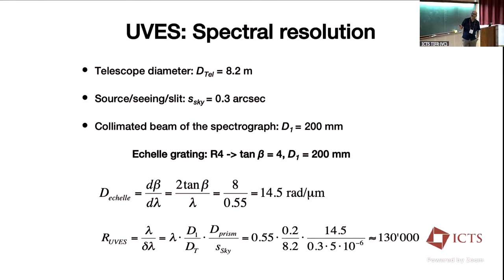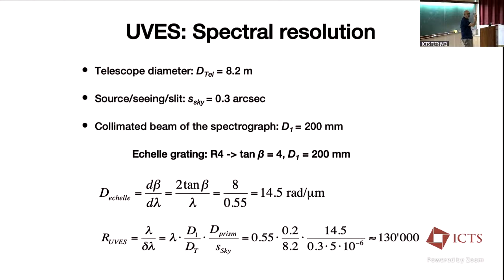If you reduce the slit to 0.3 arc seconds on the sky, and you use the formula I gave you before, this famous formula I said you have to memorize, then you get this dispersion and you get this resolving power with UVES, provided that you reduce the slit to 0.3 arc seconds.